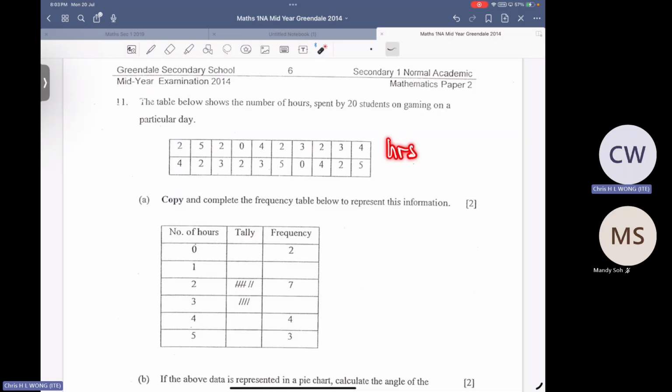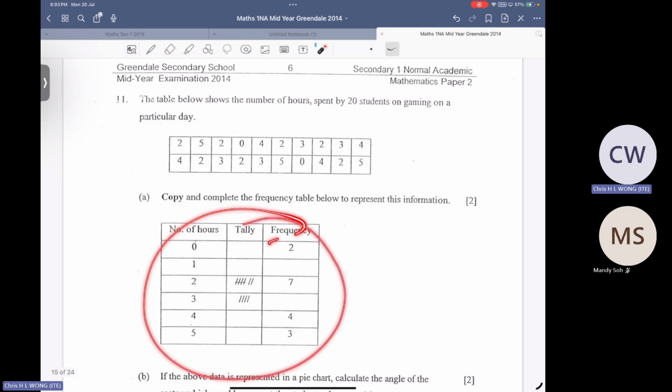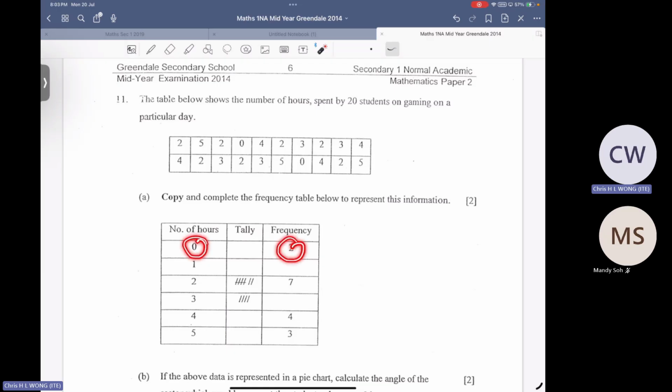Look at the first question, very easy. You are going to complete this table. For 0 hours, how many are there? 2. You look at them, there are 2, and they already give it to you.